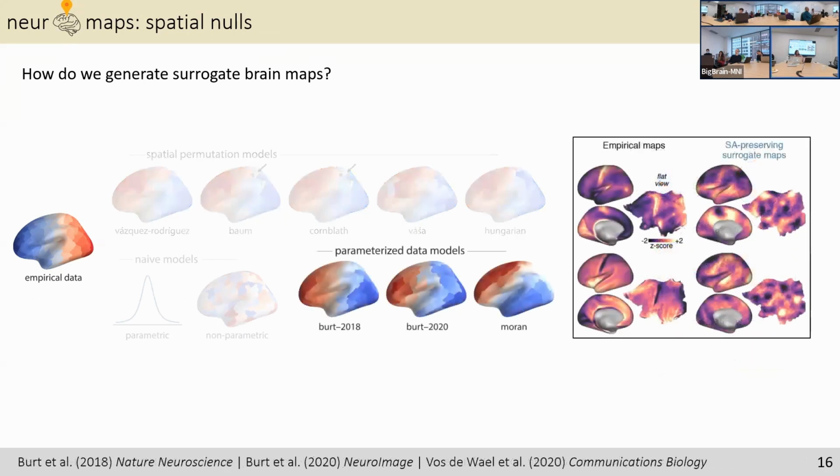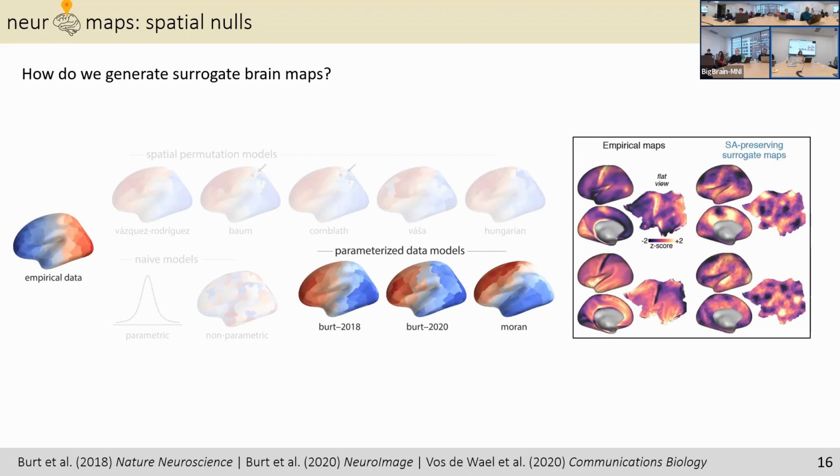The other way is using parameterized data models. The idea with these models is you develop a technique to compute the spatial correlation in your original brain map. And then, using an algorithm, well, there are specific ways you do them, you regenerate null models that preserve the spatial correlation you've computed.